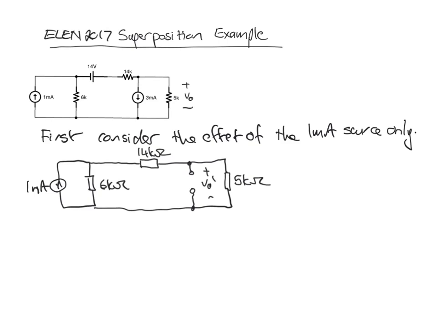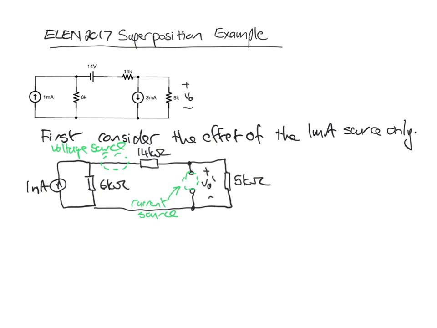Now if you take a look over here, you'll see that we've omitted the voltage source by short-circuiting it, and over here we've omitted the current source by open-circuiting it.